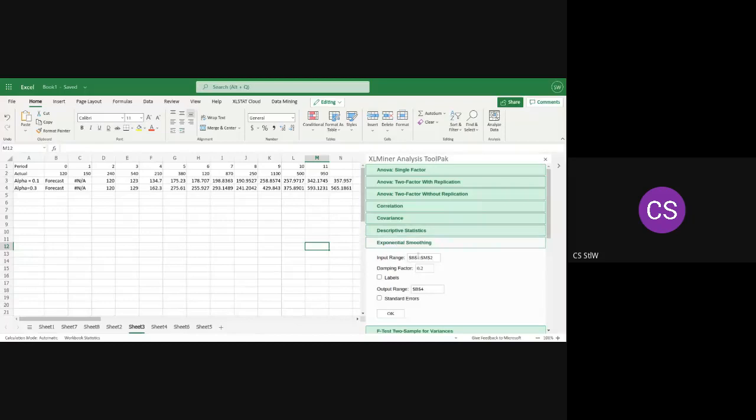Okay, let us say A1. So, input range must be a single... it's giving us an error. So, that's why we are starting at B2, to answer Christopher.